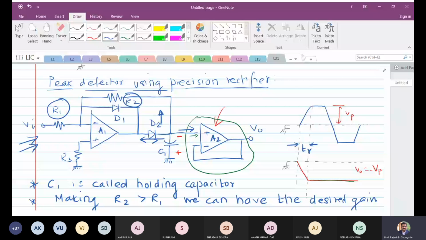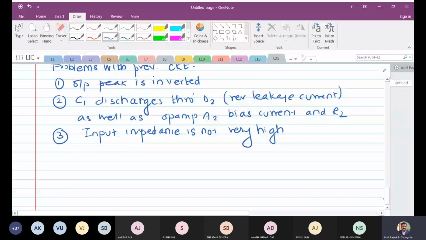So what did we conclude when we studied those configurations? That the input impedance of the inverting amplifier is very, very poor. That of the non-inverting amplifier is very high. So all these are the negative things for that previous circuit.